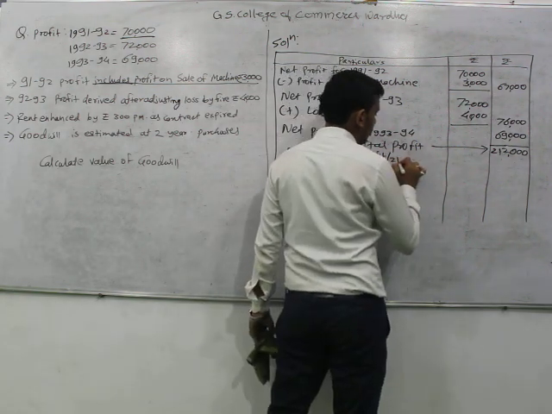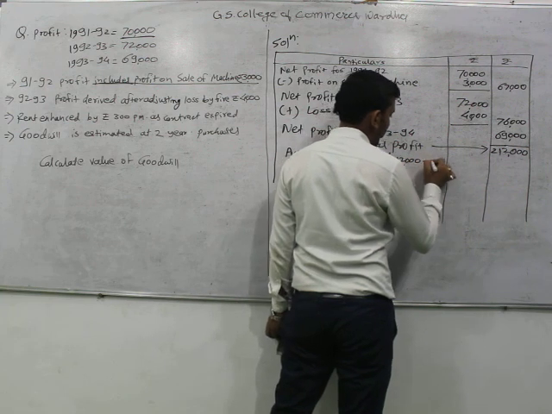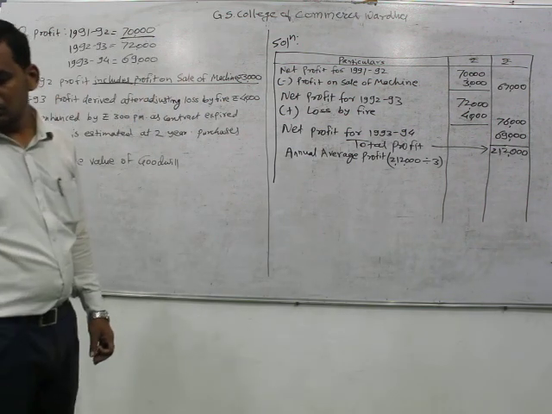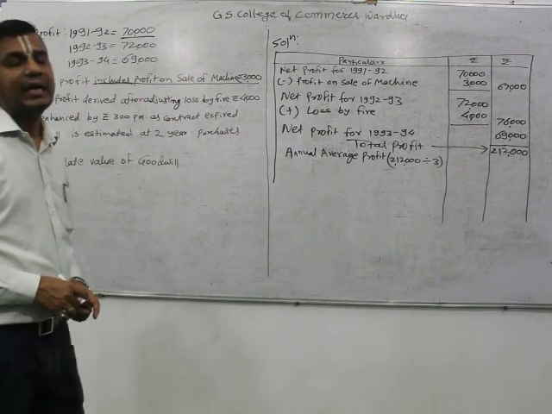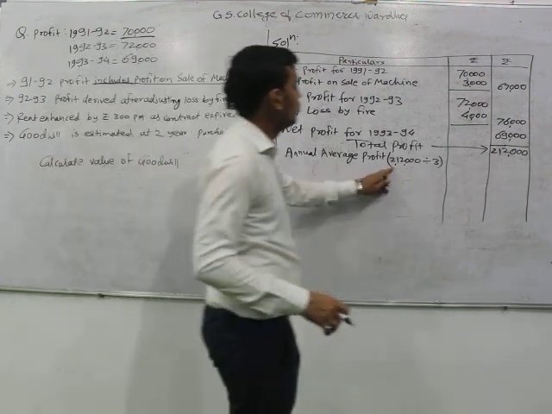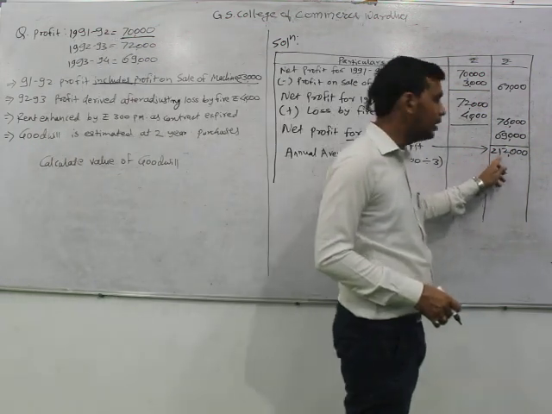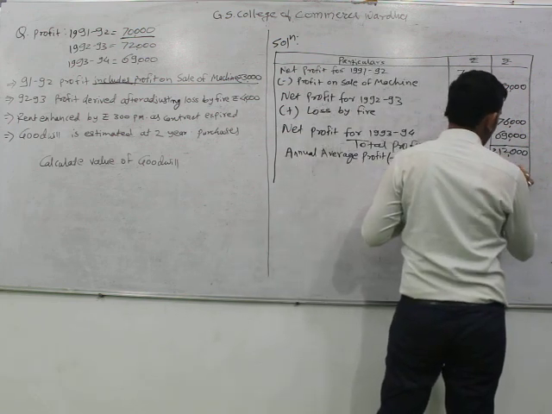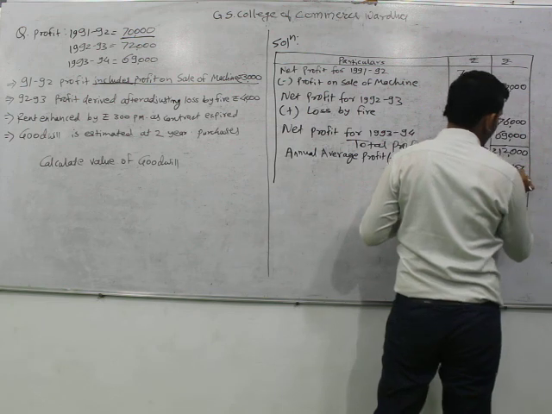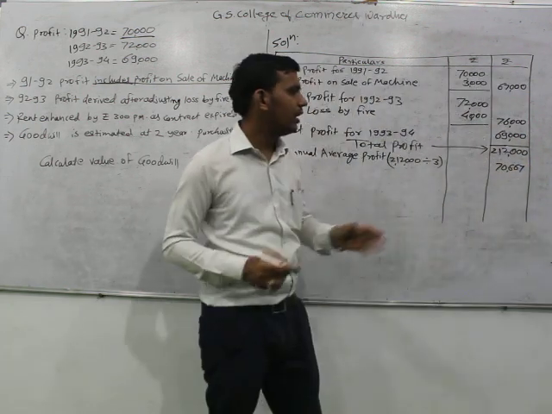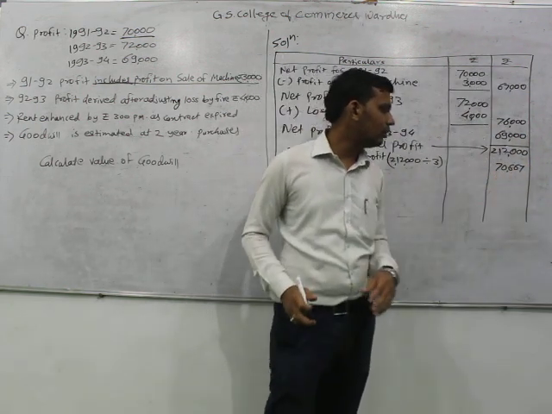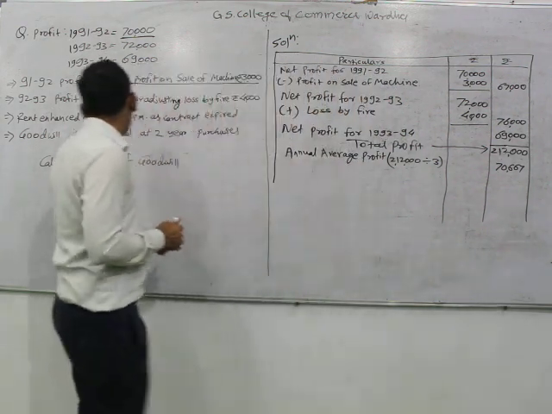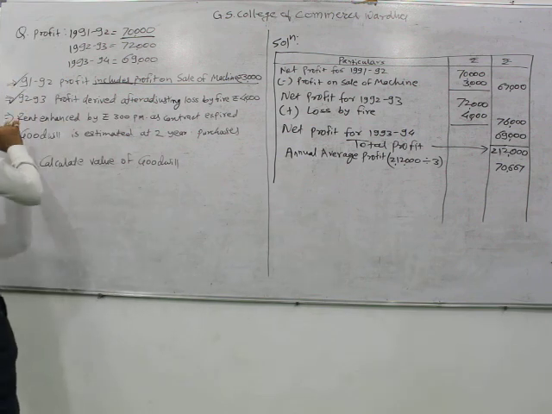So 2,12,000 divided by 3, since 2,12,000 was the total profit of 3 years. Hence it is divided by 3. Our answer would be 70,666.6666. Hence we have rounded it up to 70,667 rupees. Along with that, we are done with this adjustment.